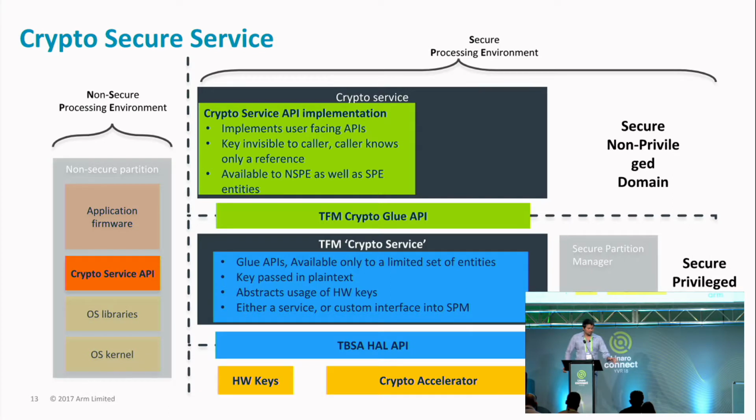The green box can be called by other green boxes as well on the secure side. So this is a very high-level view of what TFM's crypto service will look like. We have a primitive implementation in upstream, but this is the final picture.